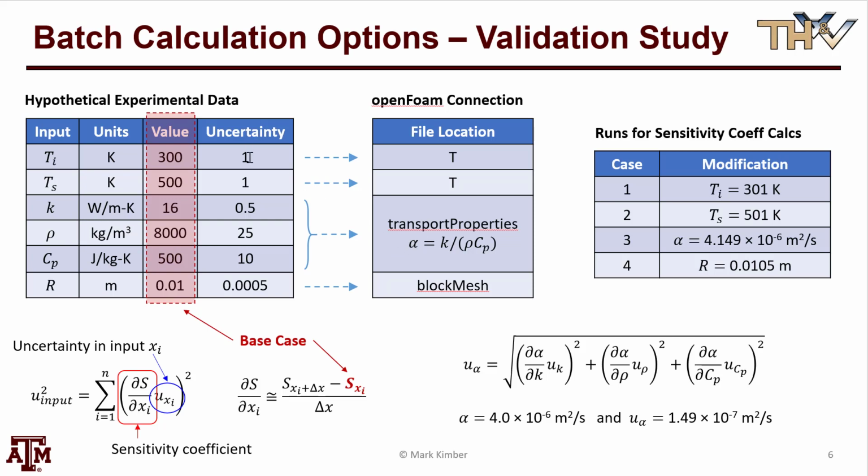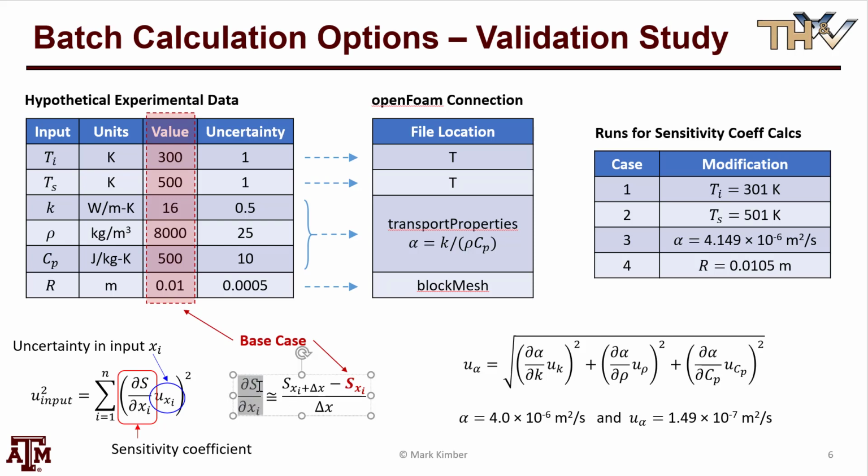And so what I want to do is calculate my input uncertainty, and that's done by looking at this sensitivity coefficient, and then the product of that and my input uncertainty for that particular input, and it's the square root of the sum of the squares of those products. And this is a partial derivative, but I'm going to approximate that with a forward finite difference approach.